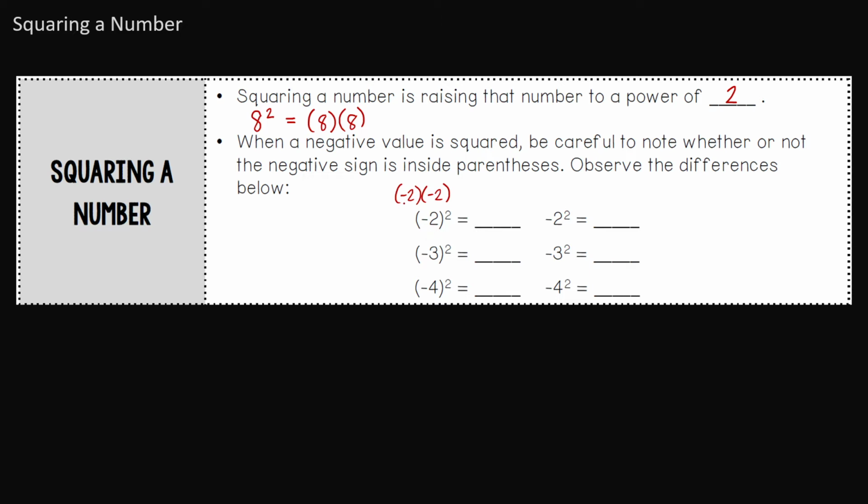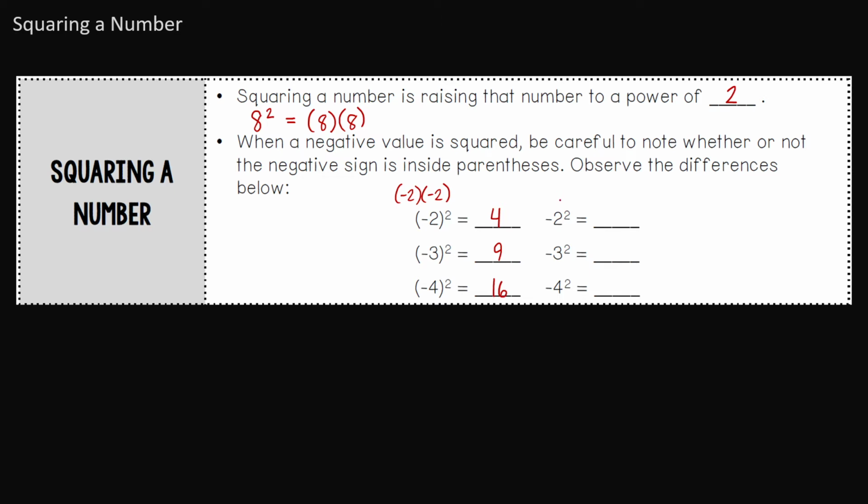We are squaring negative 2. We know that a negative times a negative is a positive. So (negative 2) squared would be positive 4. Same thing with (negative 3) squared and (negative 4) squared. (Negative 3) squared would be positive 9. And (negative 4) squared would be positive 16.